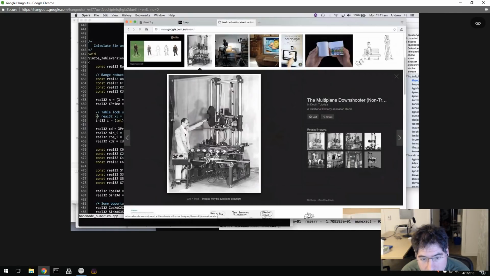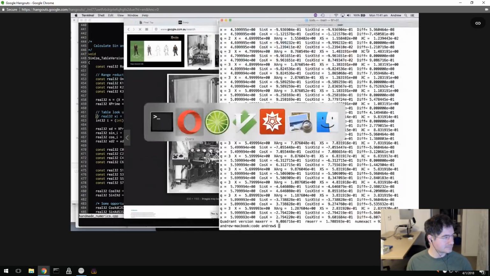When you had to do pans and zooms and rotates, the animation stand operator would have to calculate all the sines and cosines, probably using tables or a slide rule or some combination thereof, and basically can't see a rotation of less than 0.01 degrees. It's at 24 frames a second. It's impossible. Anything that's calculated to 0.01 degrees of precision looks smooth.